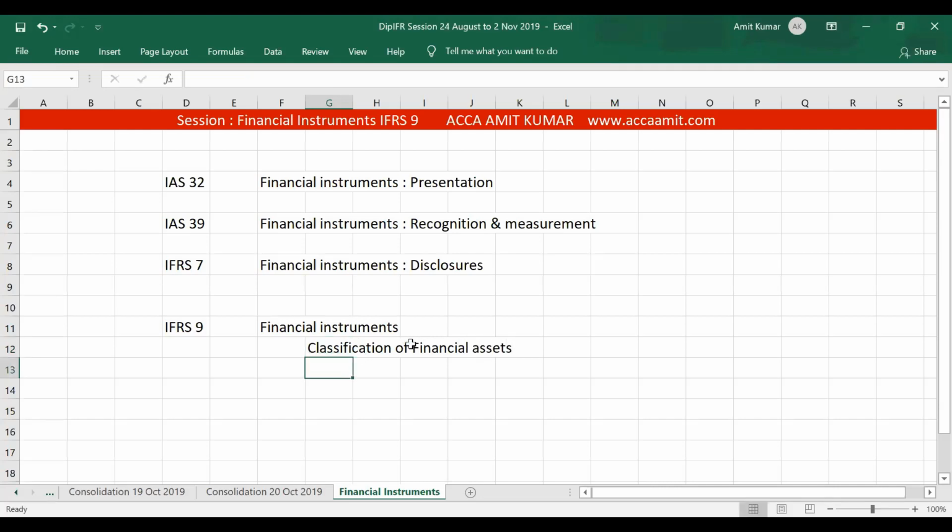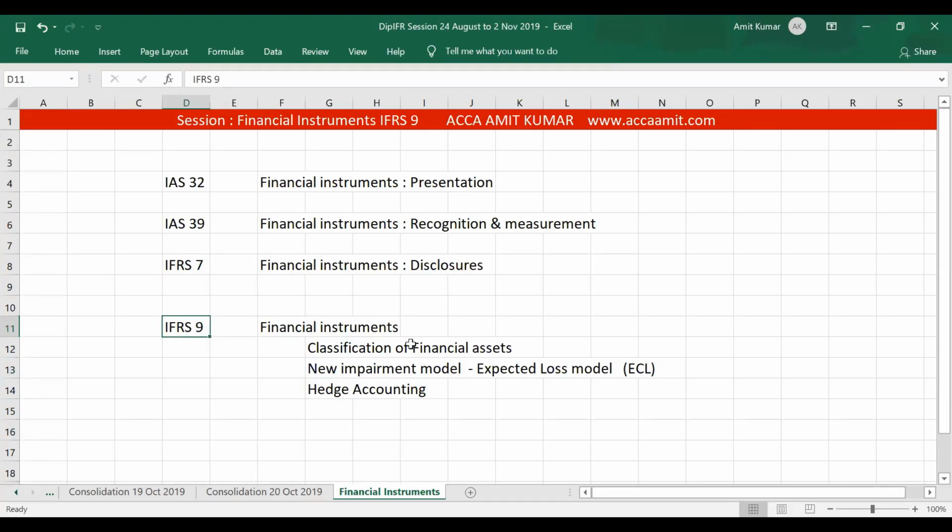Another, it has introduced a new impairment model, moving on from the incurred loss model to the expected loss model, also known as ECL, nowadays very popular and considered one of the complex areas, and everyone needs to understand this. And third, they have improved hedge accounting. So these are the three areas which resulted in the introduction of IFRS 9 financial instruments.